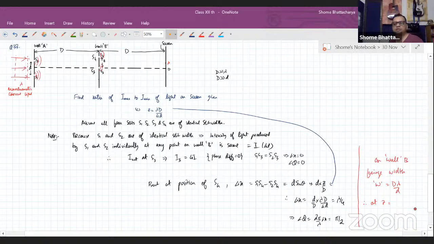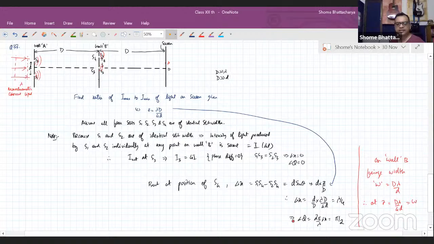So we would have come to this step directly. This is the shortcut method. So all this lengthy calculation was unnecessary. We understand that on the screen at any point, z divided by fringe width is the same thing as path difference divided by lambda, which is the same thing as phase difference divided by 2 pi. So we could have used this shortcut relation. Anyway, we are getting the phase difference as pi by 2.